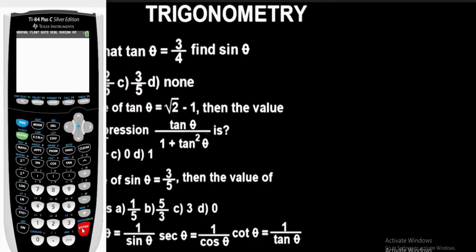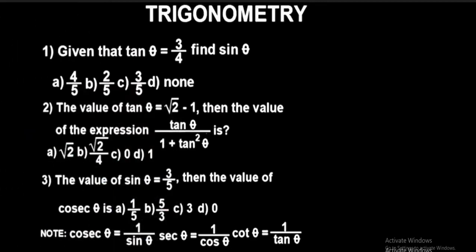Enter. We want to put it in decimal, so just press this math button. We press 2 for answer to decimal. Press enter. It's 0.6. So the correct option is option C. It is as simple as that, guys. Hope you are getting the idea.